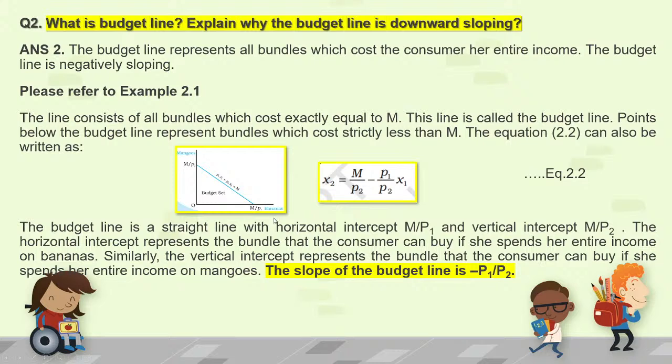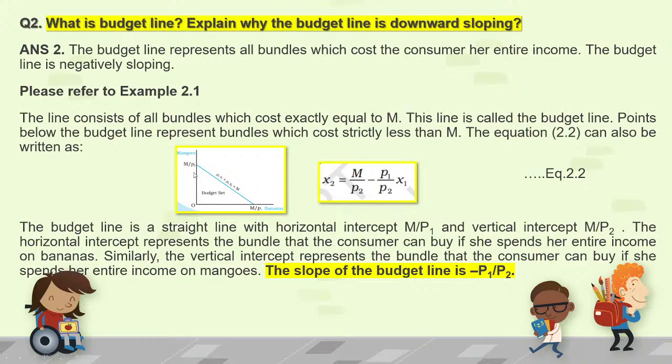The horizontal intercept here is M upon P1 and the vertical intercept is M upon P2. The horizontal intercept represents the bundle that a consumer can buy if she spends her entire income on bananas. So if the consumer is not buying any unit of mangoes and spends the entire income on bananas, this horizontal intercept is showing that situation.